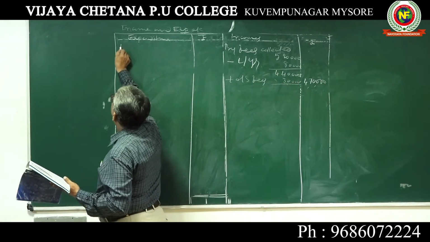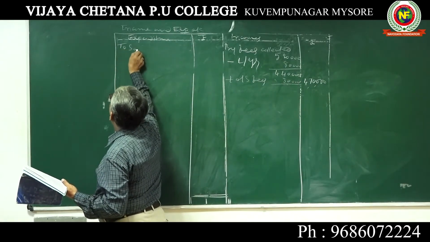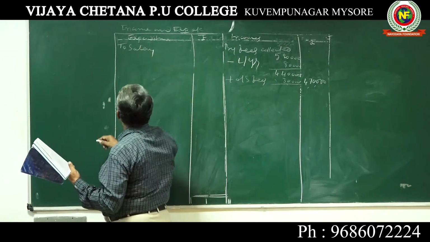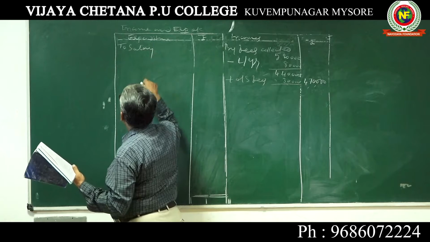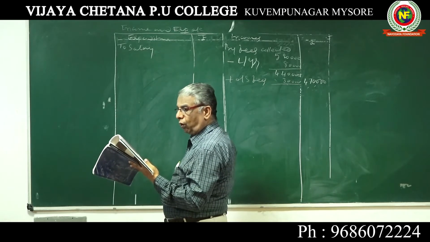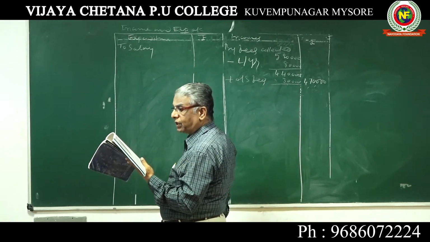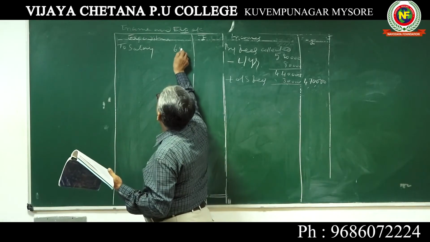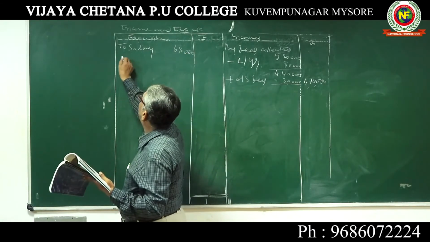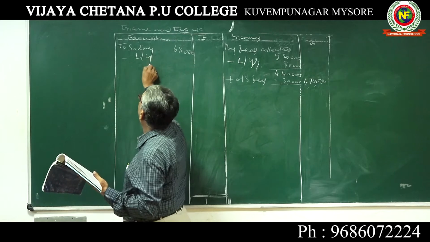Fees collected. Salary paid, including rupees 5,000 on account of the previous year, is an expenditure. Here, salary paid, including rupees 5,000 on account of the previous year, is 68,000. From this we have to deduct the last year's salary, rupees 5,000.